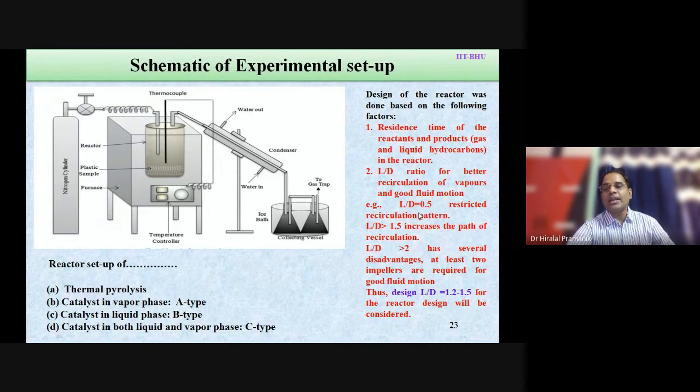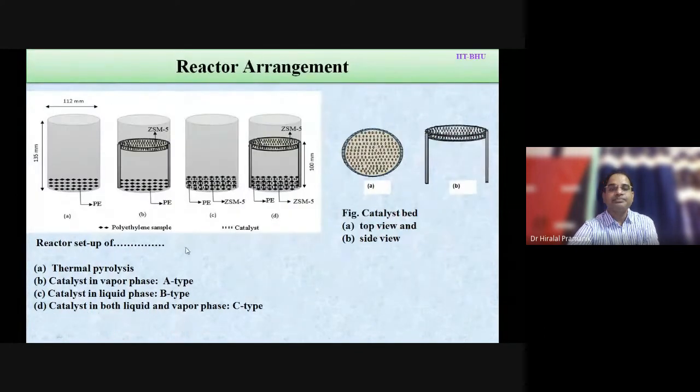For a low L by D ratio, circulation is restricted. Greater than 1.5, the circulation path will be longer. When L by D is greater than 2, you need impellers for proper fluid motion. So L by D is maintained at 1.2 to 1.5, and we also took it in the range of 1.2 to 1.5.